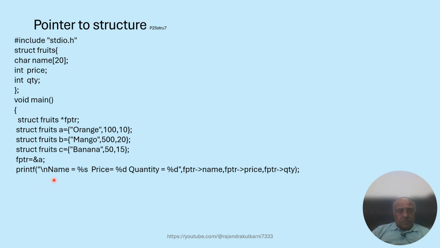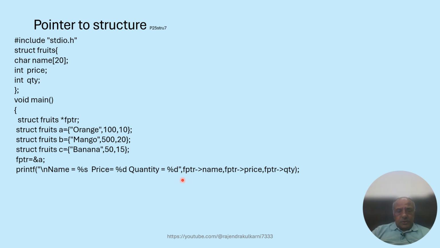So in this printf statement, what we have done is name is equal to %s, price is equal to %d, quantity is equal to %d, and then fptr arrow name, fptr arrow price, and fptr arrow qty. So instead of dot, we are using the operator arrow in this particular case.